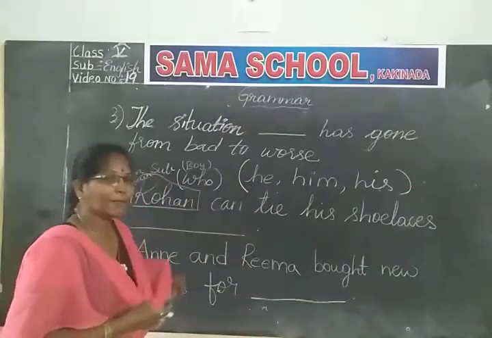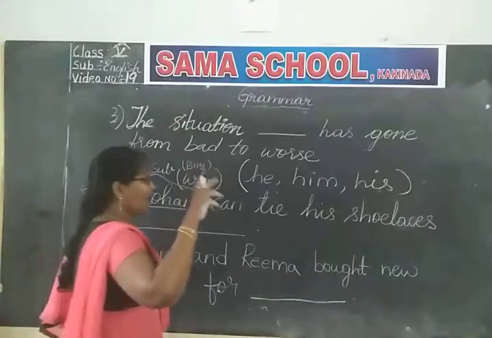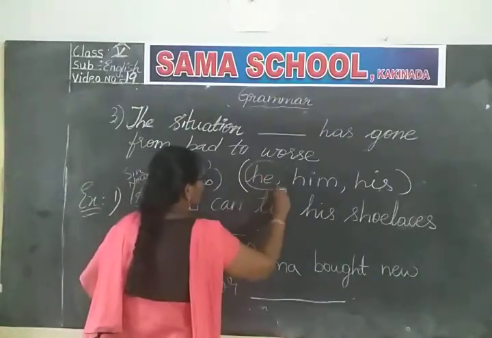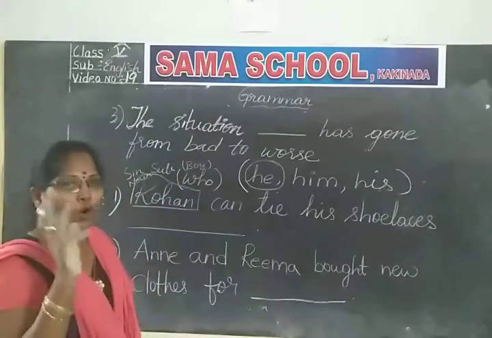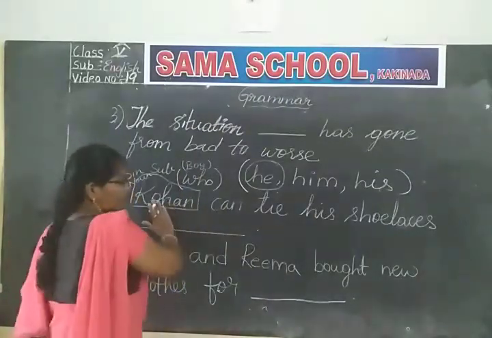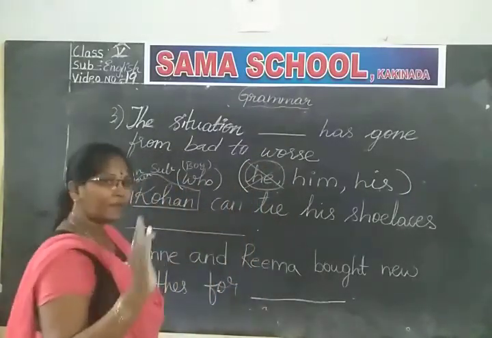Any of these three pronouns we have to use. And I clearly mentioned he and she we should use when we are starting the sentence, at the beginning of the sentence. So this is not the beginning of the sentence, so just leave it.